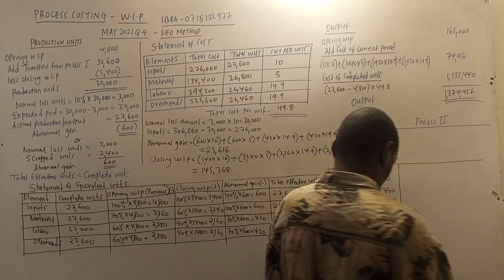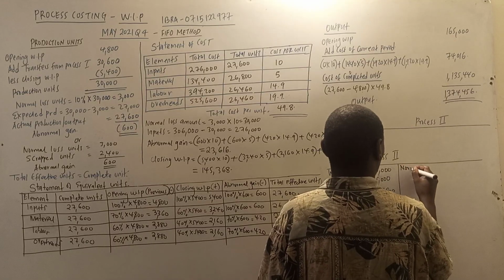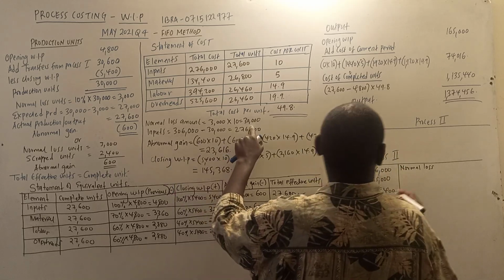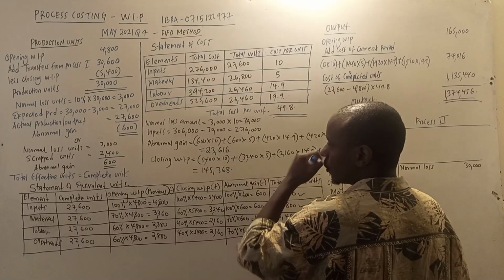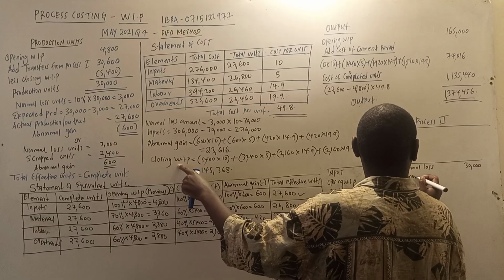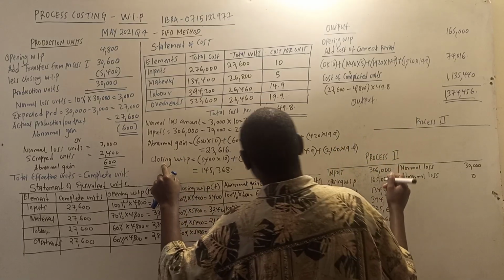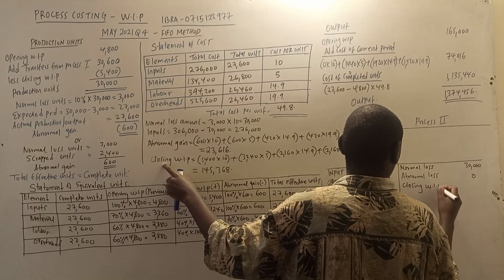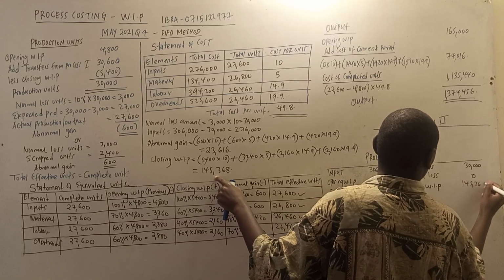So on this other side, normal loss. We computed normal loss somewhere 30,000. What else did we compute? There was no abnormal loss, 0, but we have closing work in progress of 145,368.